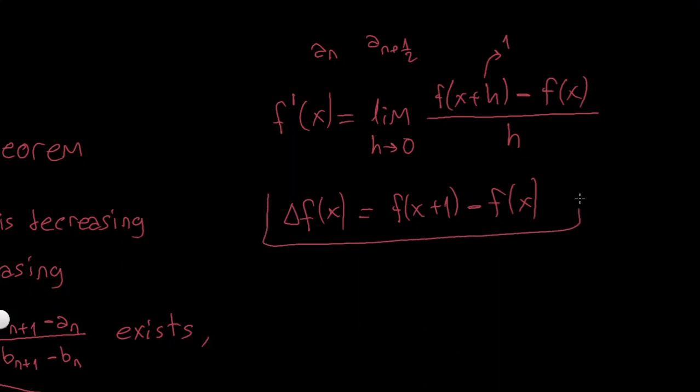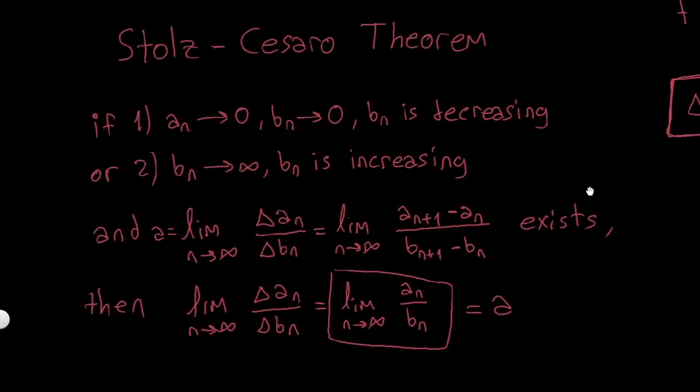This is called the discrete derivative, and there's a whole area of calculus dedicated to that. It all starts from this thing, and there's really cool stuff. I will also make videos about it. We can call it finite calculus, or calculus of finite differences. So let's go to our proof.